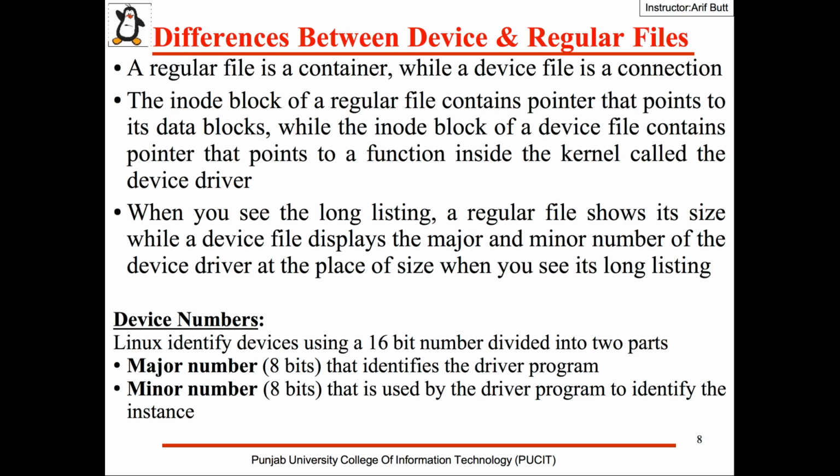And on a terminal, when you do a long listing, a regular file shows its size, while a device file displays the major and the minor number of the device driver in place of the size. Actually these device numbers are a 16-bit number divided into two parts, the major number and the minor number. The major number identifies the driver program, and the minor number is used by the driver program to identify the instance of that device.